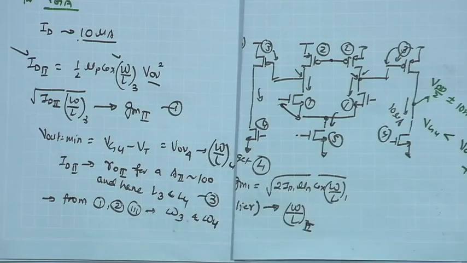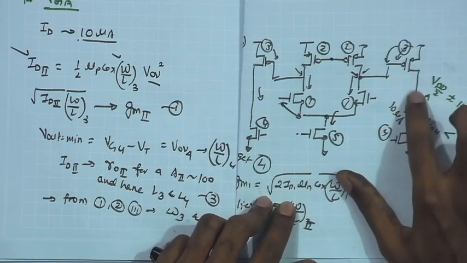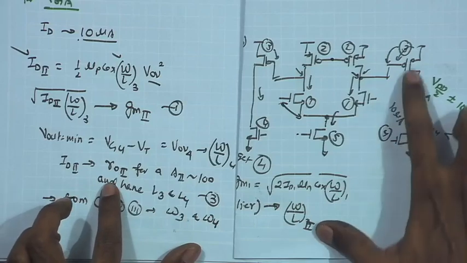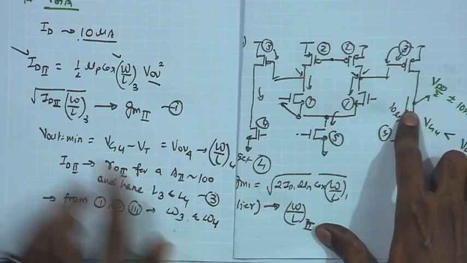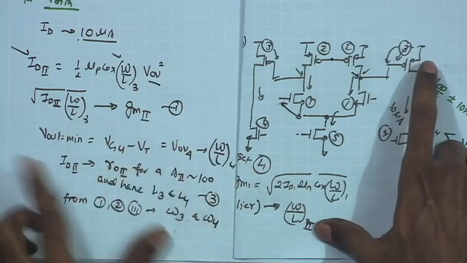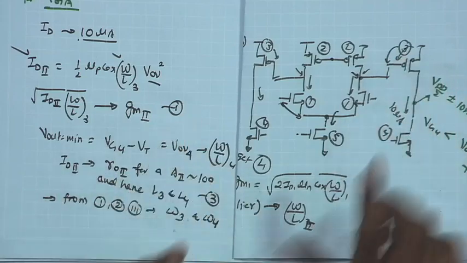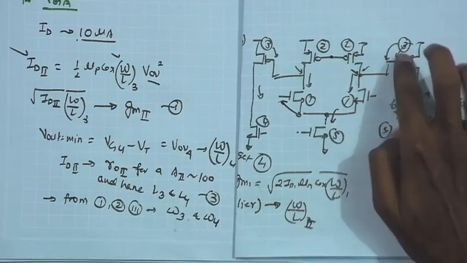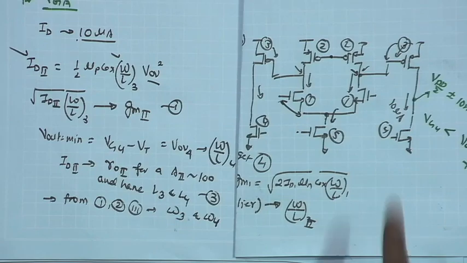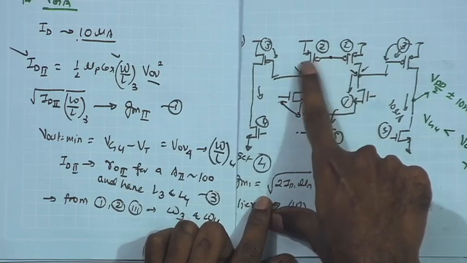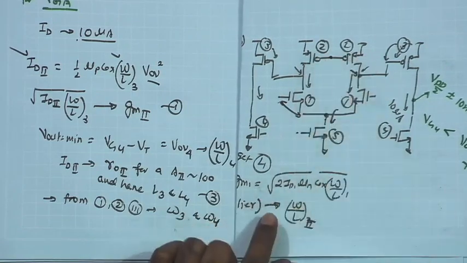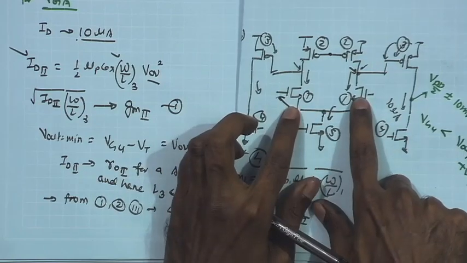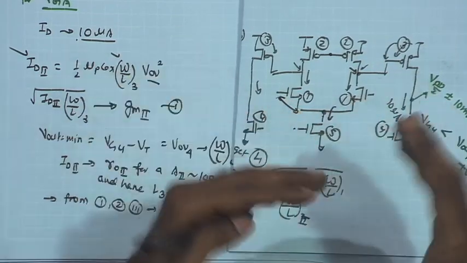Those two things we have maintained, and then of course the L, I said, can be determined based on the RO requirement, because I have the gain requirement A2. Based on that I can get the RO2 and hence L2, and therefore W by L of these two can be determined. Now we also have to see the sizing constraint, how it has changed for these two devices. For the input devices we have already seen, the constraint is similar.